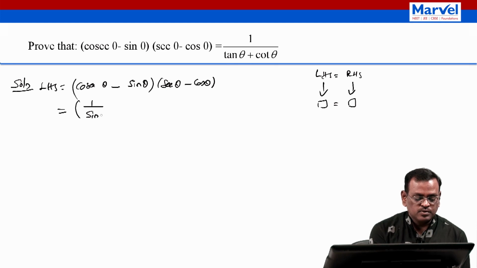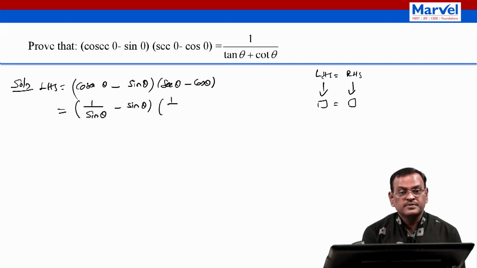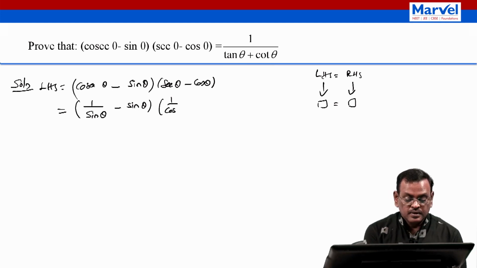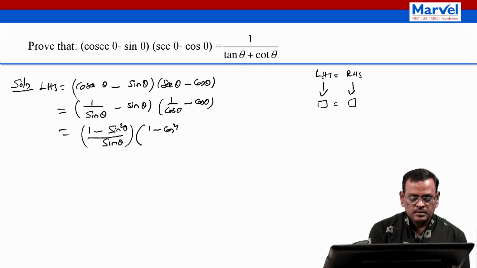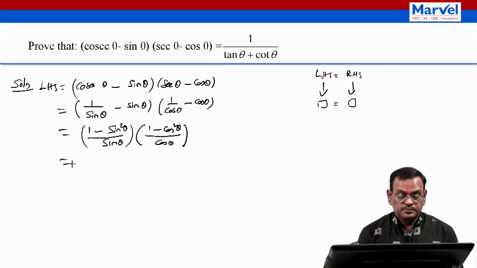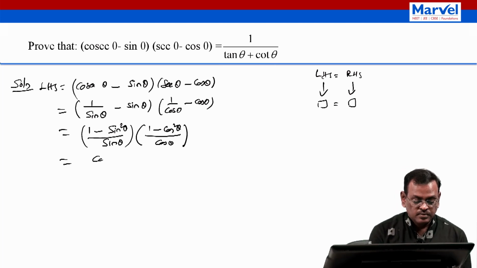Of course, reciprocal of cosecant is sin theta, so 1 by sin theta minus sin theta into reciprocal of secant theta, that is 1 by cos theta minus cos theta, which is equal to 1 minus sin square theta by sin theta, 1 minus cos square theta by cos theta, which is equal to cos square theta into sin square theta by sin theta into cos theta.